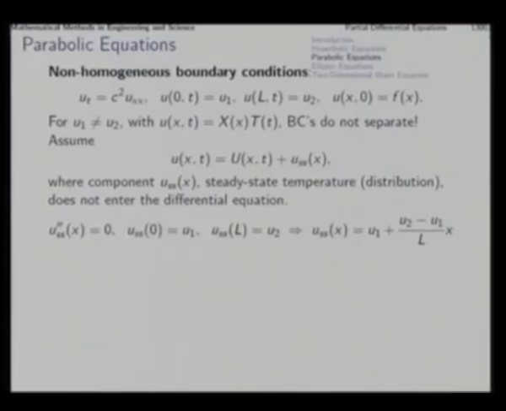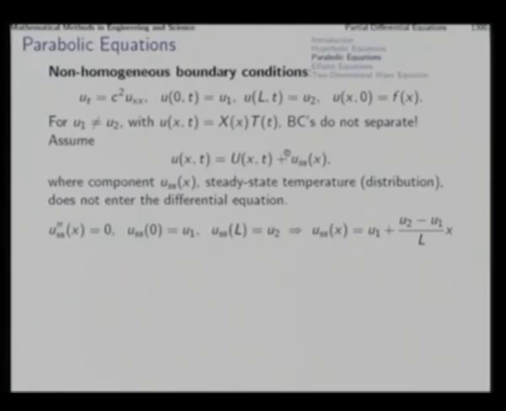Then, as we differentiate and put this inside the equation, del u by del t will be equal to del capital U by del t, because U_SS does not depend on t. The second x derivative gives del 2 u by del x square, that is del 2 capital U by del x square plus the second derivative of U_SS.